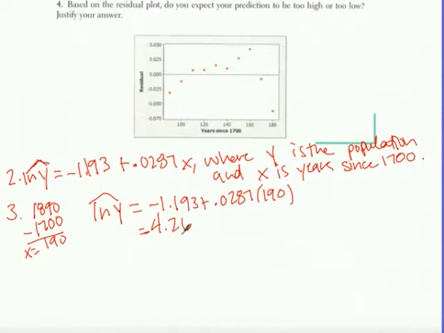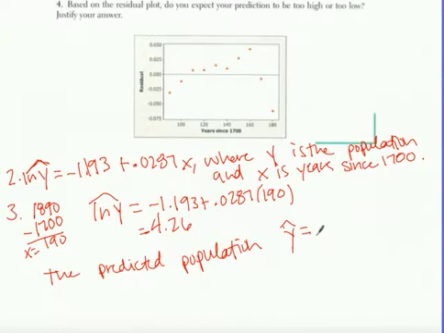4.26 though is the value that we're going to plug into the original. So to do the original, that's going to tell me the predicted population. So because I knew that it was an ln, we said that that had to do with e. So what that's going to look like is the original y hat would be e to the x.